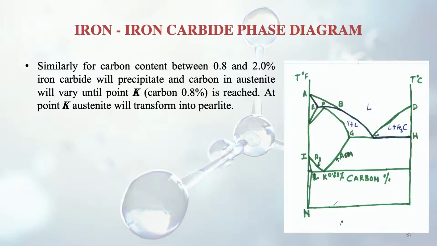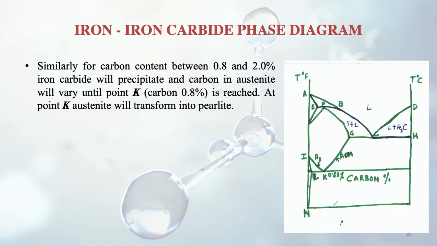So IK is the line, and it is getting enriched in carbon while cooling. Similarly, for carbon content between 0.8% and 2%, iron carbide will precipitate, and carbon in austenite will vary until point K, that is carbon 0.8%, is reached.